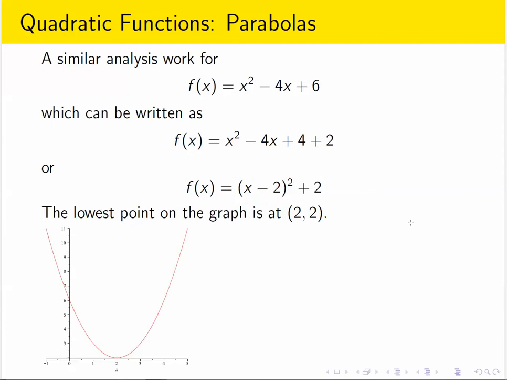So the lowest point on the graph occurs at x equals 2, we can see. And if you look at this graph, in order to get it to fit on the screen, you'll see that the height actually lines up with y equals 2. So you don't see the entire positive y-axis here, only part of it.